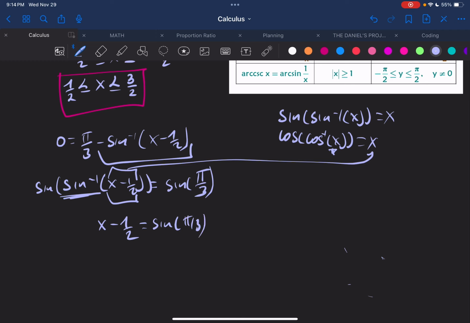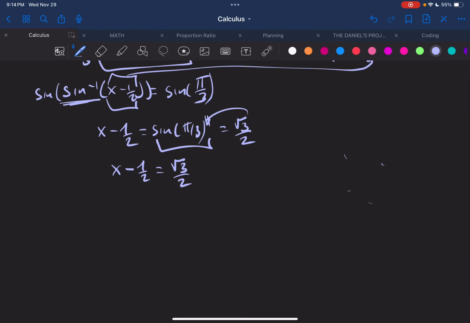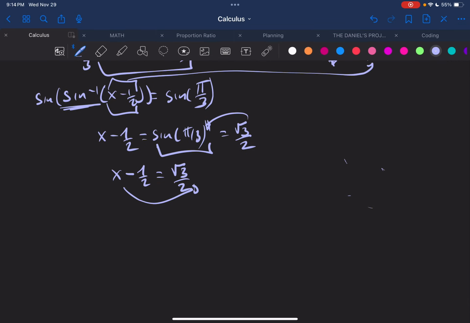Now, to solve for x, I need to know the exact value of sine pi over 3. Looking at my unit circle from memory, I know that sine of pi over 3 is equal to square root of 3 over 2. So I can substitute it back here and continue solving for x. I have x minus 1/2 equals square root of 3 over 2. To solve for x, I can bring 1/2 to the other side.